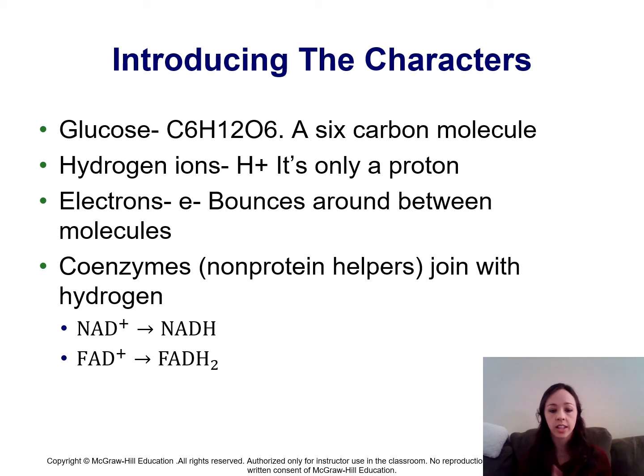There are electrons, which of course have a negative charge. And then there are these coenzymes, NAD+ and FAD+, that are going to be carriers for the hydrogen ions from the first and third steps of cellular respiration, and are going to be very important in the last step of cellular respiration, where most of our ATP is going to be generated.